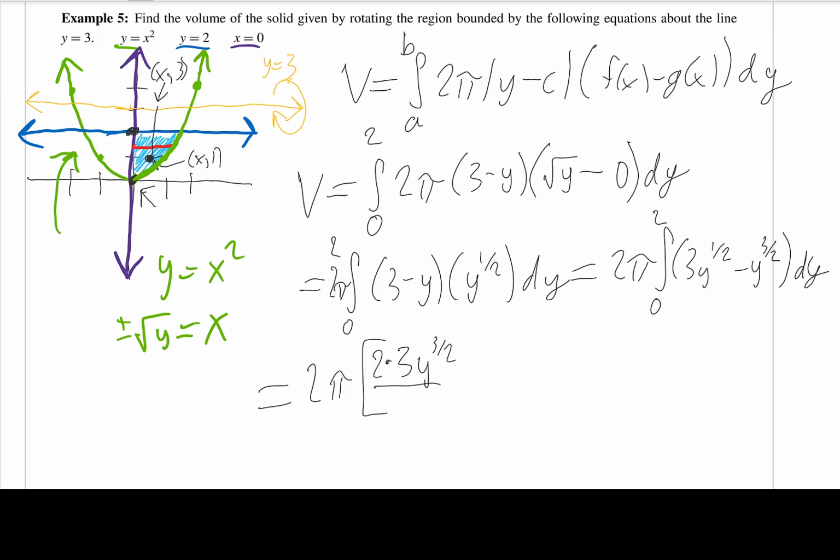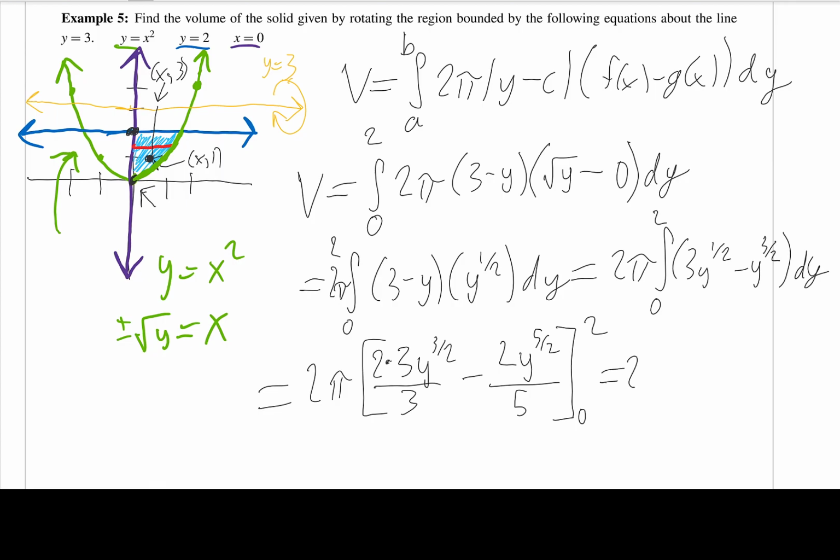So what we had is 3y to the 1/2, I added 1 to the exponent, so we get 3y to the 3/2, and then we multiply by the reciprocal, which is 2/3, minus, now I'd have y to the 5/2 and multiply by the reciprocal. And we're evaluating from 0 to 2.